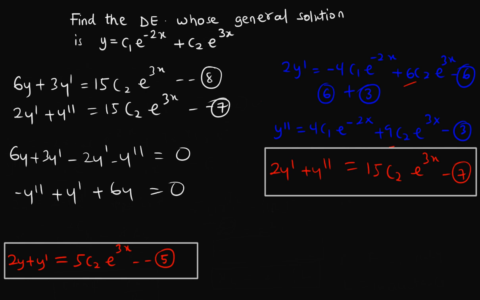From here I would like to make the y prime prime coefficient positive, so I'm going to multiply through by minus 1. That gives me y prime prime minus y prime minus 6y equal to 0. This will be the differential equation whose general solution was given to us. So this will be our differential equation.